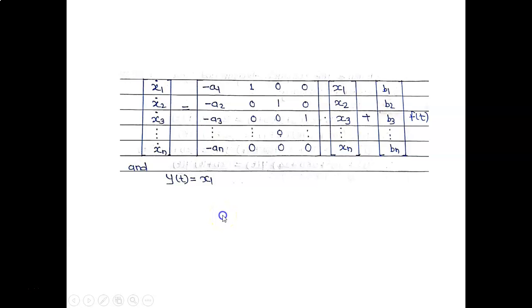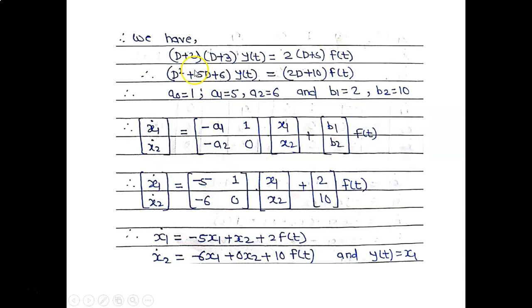Therefore we have (D plus 2) into (D plus 3) into y(t) is equal to 2 into (D plus 5) into f(t). Therefore (D square plus 5D plus 6) into y(t) is equal to (2D plus 10) into f(t).